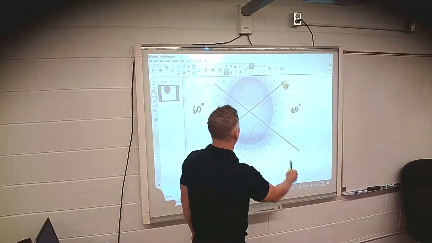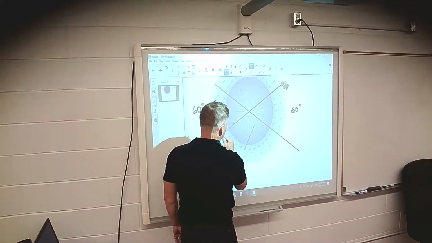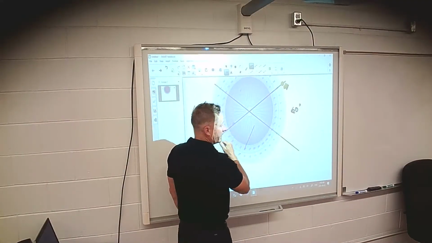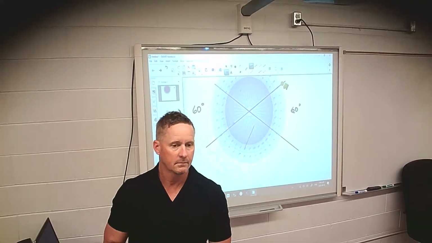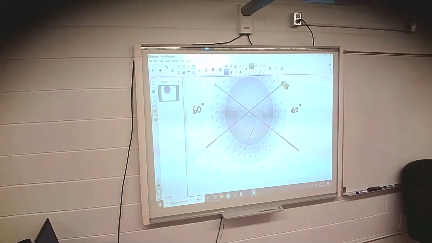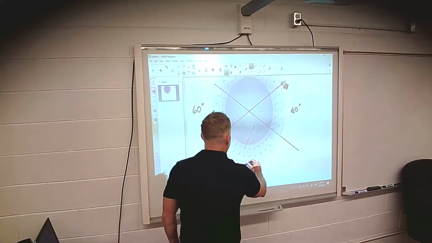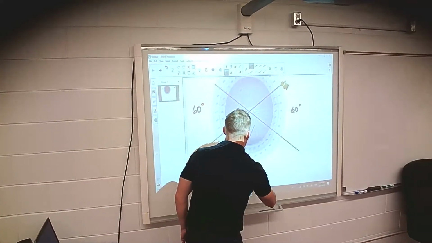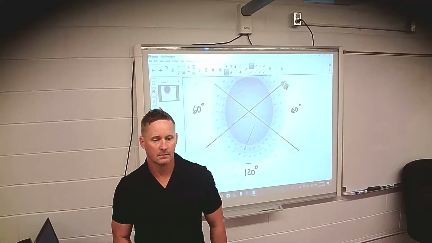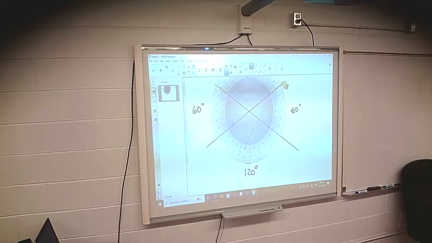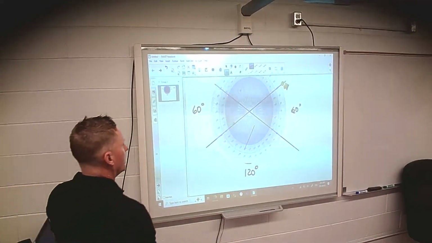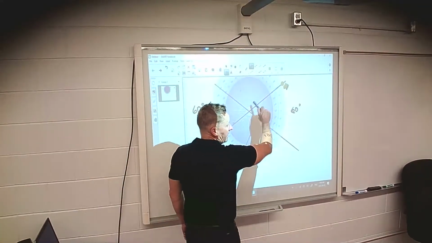So now if I look at these 2 angles, this one and this one, what is the measure of this one going to be? 120. You got it. How come? Because 120 and 60 add to 180. Right. Awesome.